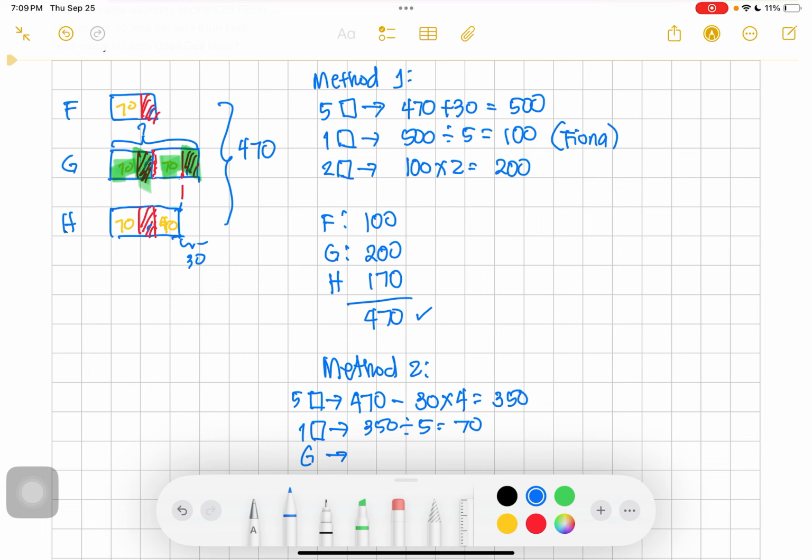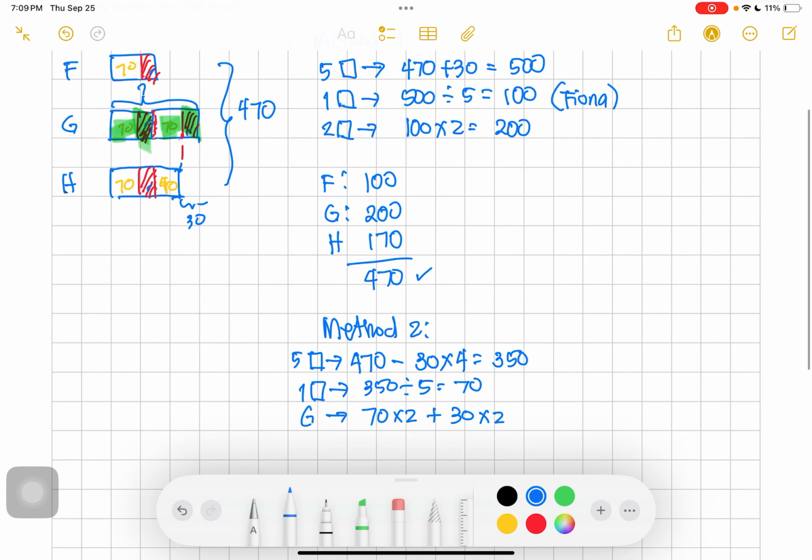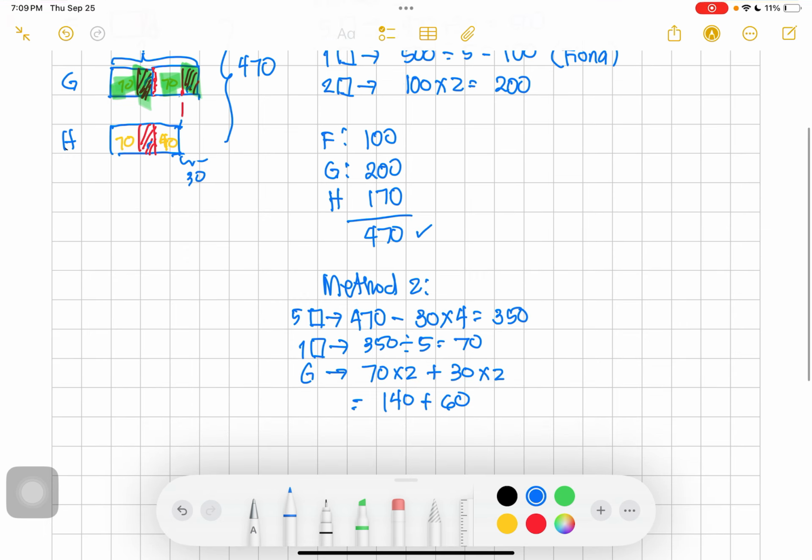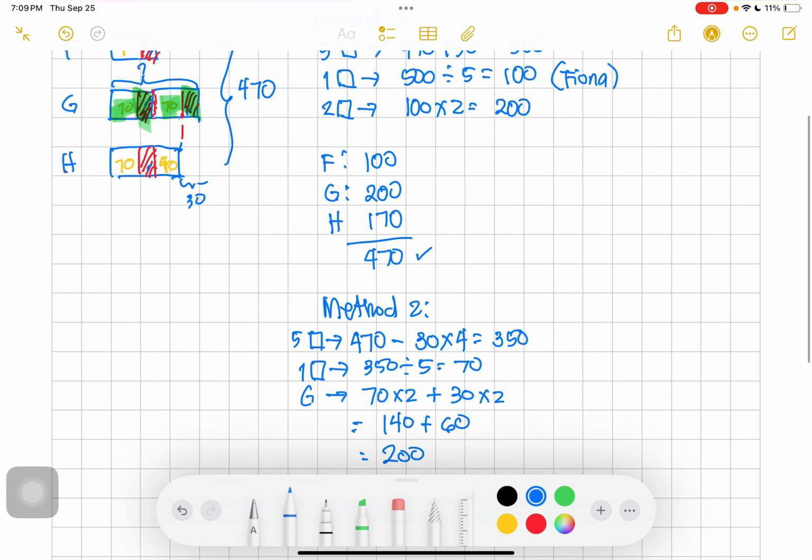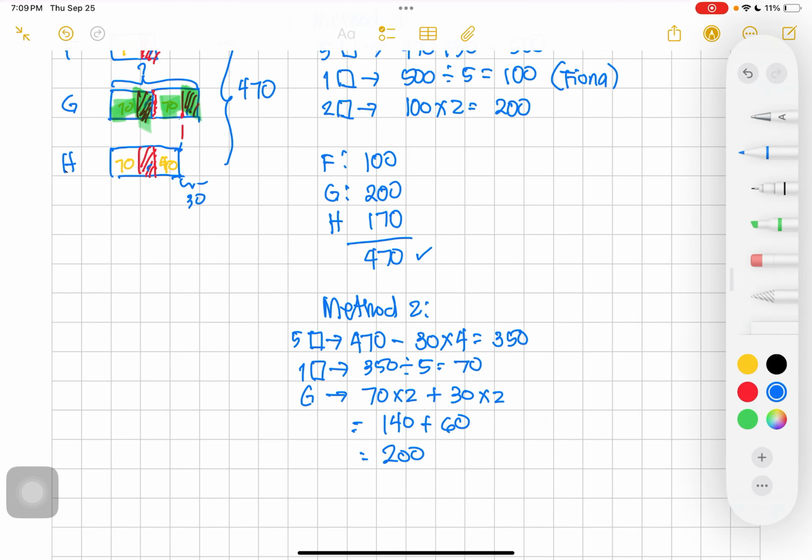So Gail would be 70 times 2 plus 30 times 2, which is still 140 plus 60, that would still be equal to 200. So this is the same as our answer earlier. As you can see, 200 and 200.